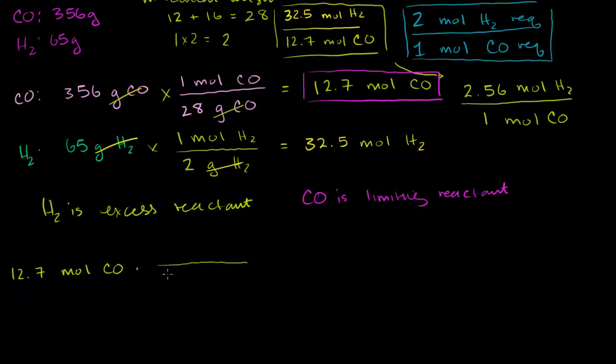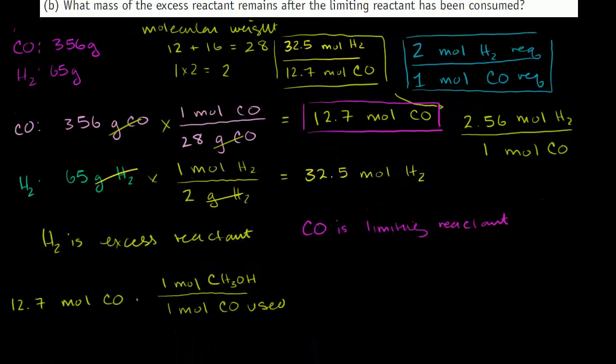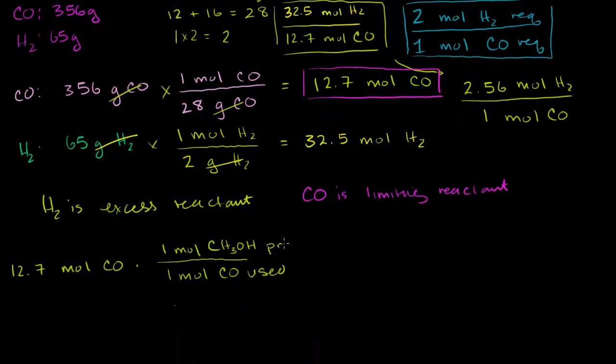So for every 1 mole of carbon monoxide used, we have 1 mole of methanol, which is CH3OH. Did I get that right? Yep. Produced. We get that straight from the balanced equation.